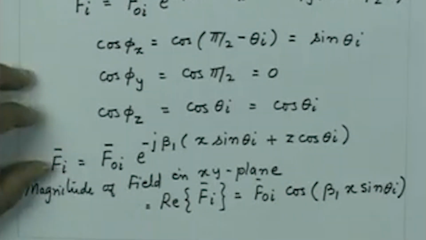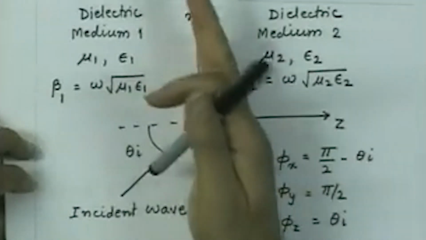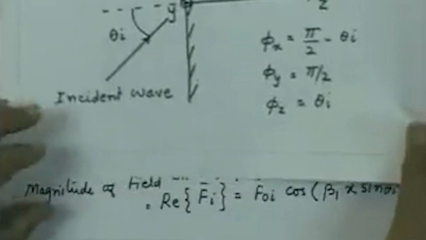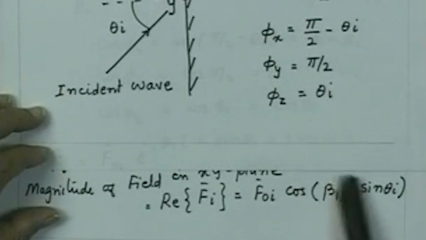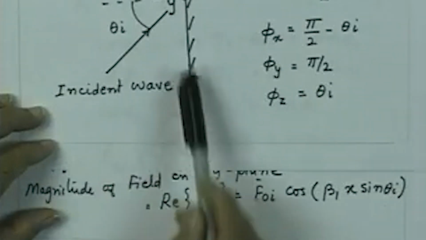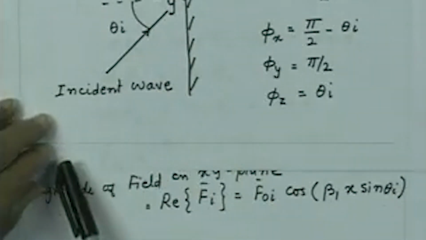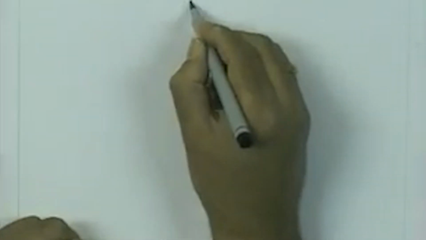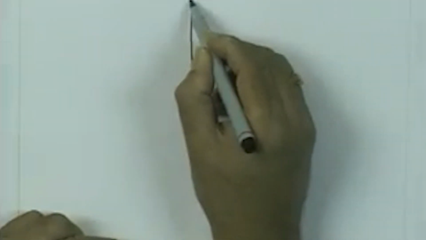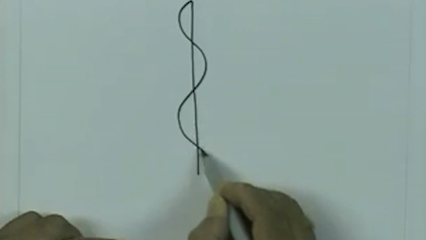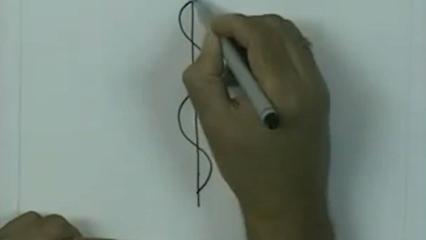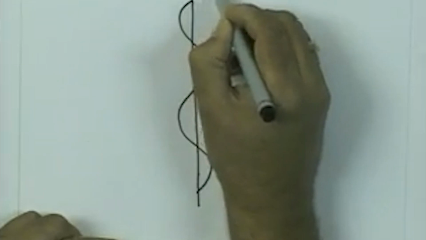So, if I now look at the field variation in this plane, the xy plane, the field is having a variation which is cosine variation in the x direction, and it does not have any variation in the y direction. So, essentially if I plot this field, so this is my media interface, and if I plot now the field amplitude will vary like that in the x direction, and it is constant in the y direction.